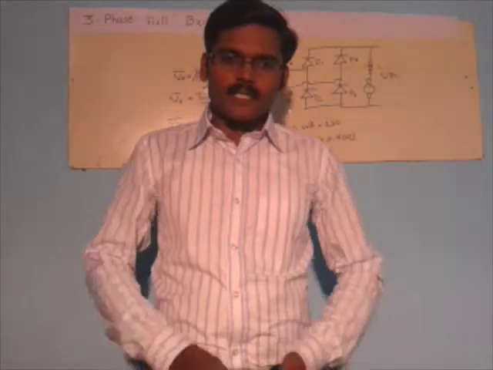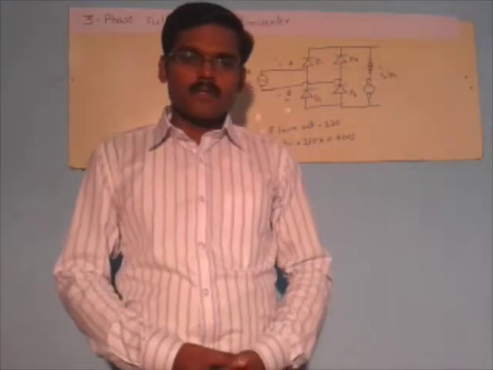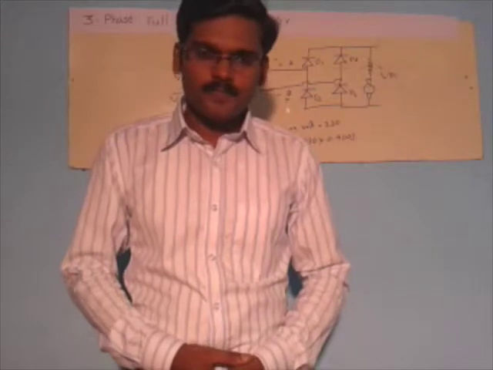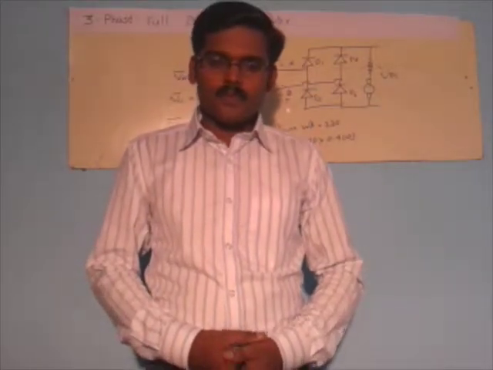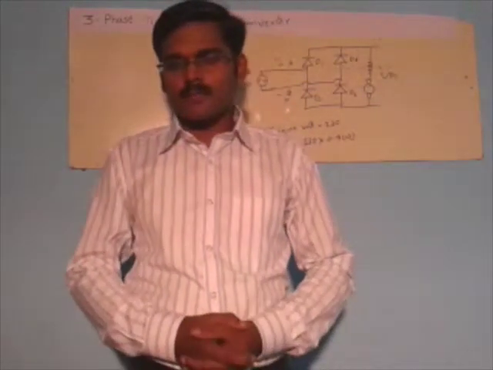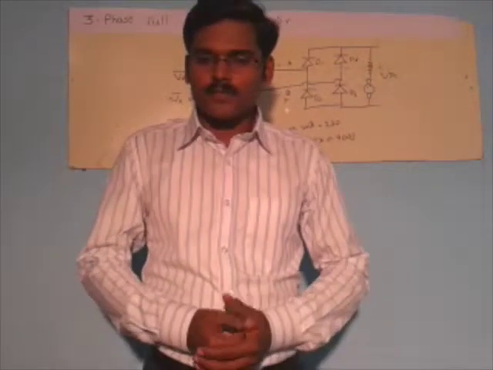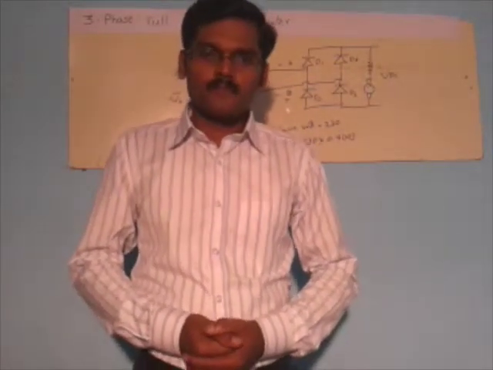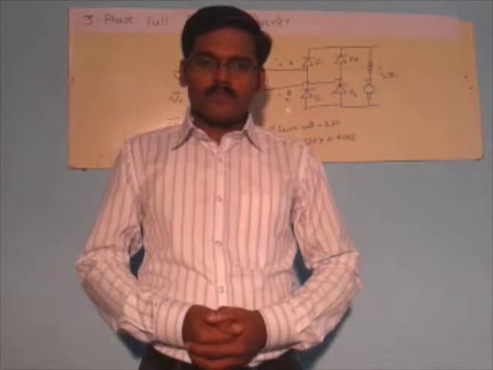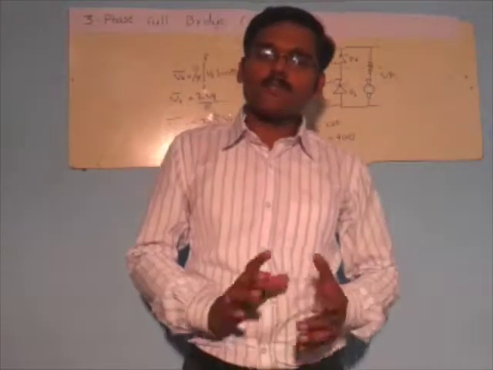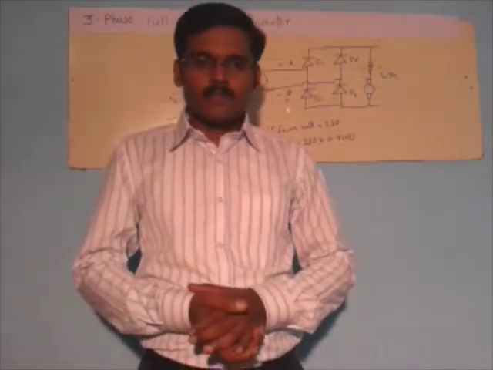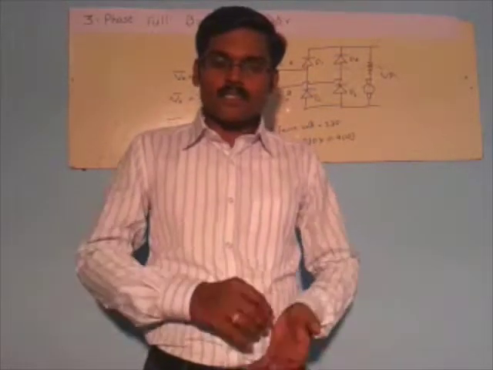Let me discuss the performance characteristics. Performance characteristics are very important in the design of an AC to DC converter. Performance characteristics consist of two parts. First is transient, second is steady state.